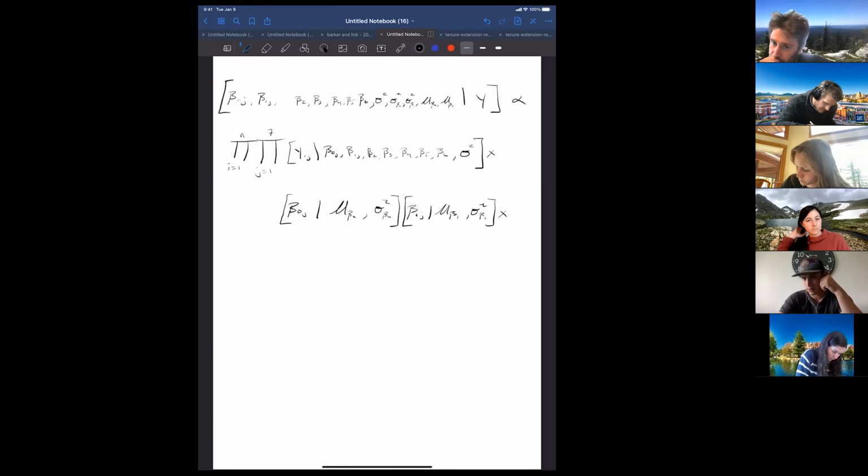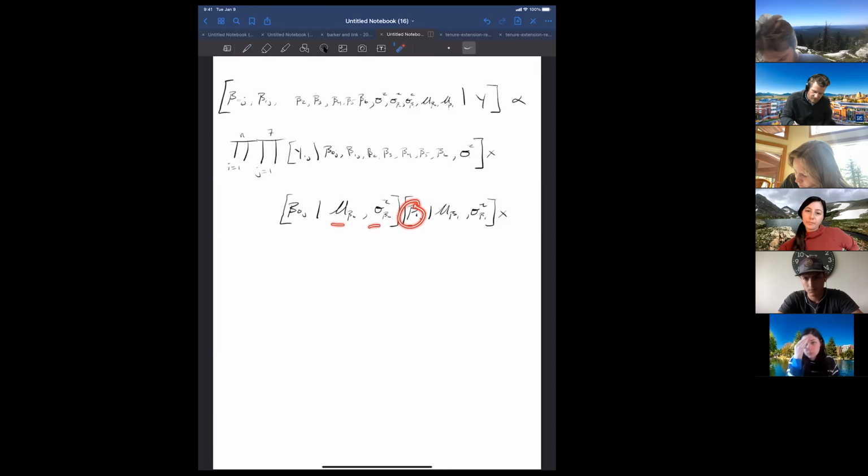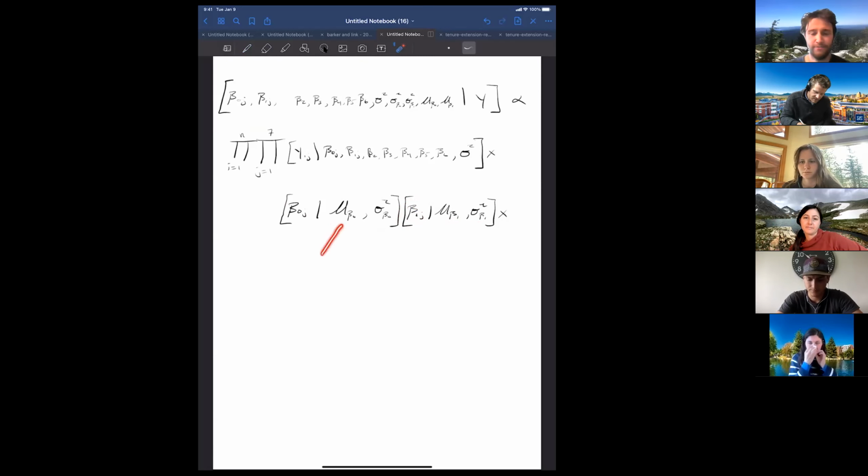Okay, yeah, good question. So when we're writing out this and this, they have these components to them: mu beta 0, sigma squared beta 0, mu beta 1, and sigma squared beta 1. These we don't know. We're trying to estimate these. These are parameters themselves. So beta 0j and beta 1j are parameters, but so are mu beta 0 and sigma squared beta 0.